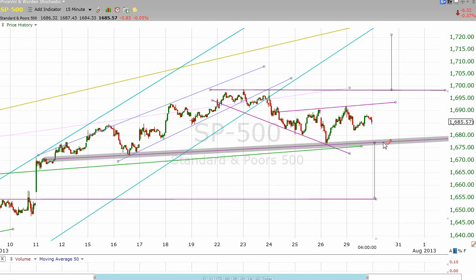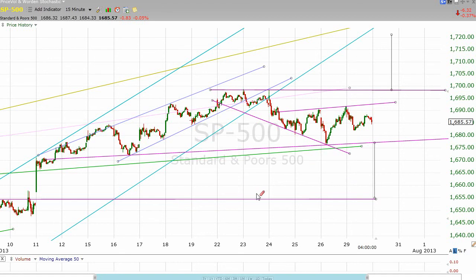So going into tomorrow, I think the best advice I would have is we watch these three areas to see if any of these three get taken out tomorrow or the next day, or frankly at any point this week. So that's about all I've got for right now.